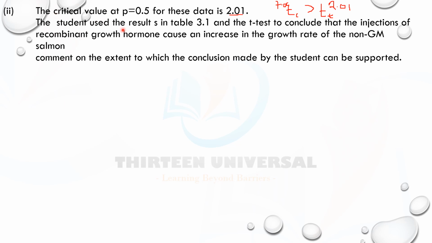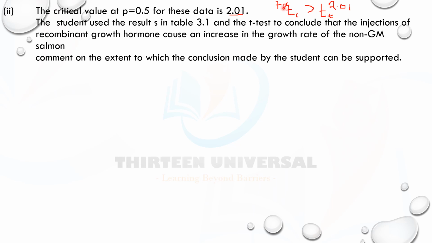So the students used the result in table 3.1 and the test to conclude that the injection of recombinant growth hormone caused an increase in the growth rate of the non-GM salmon. Okay, comment on the extent to which the conclusion made by the students can be supported. Right. So if you look at, guys, look at this. The t-test calculated is greater than the t-test tabulated.